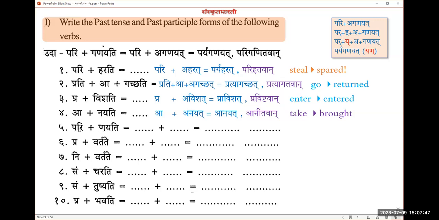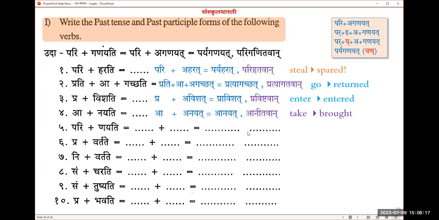So it should first start with pari plus nayati, then you do anayat and paryanayat, and then transform the na to na because of the repa. So that natva follows after the compound is formed. You cannot put the cart before the horse, as they say. Here they did it just to help us at the entry level. So this nayati is no different from the nayati there.